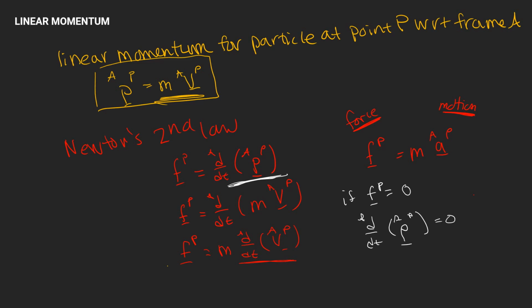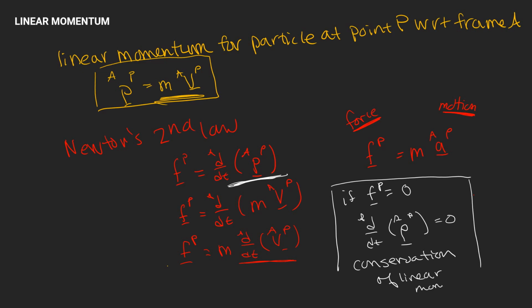If you don't have external forces, linear momentum is constant. And so we say that linear momentum is a conserved quantity. This is conservation of linear momentum. All right, so now we'll move forward and actually use this equation to relate forces and motion and get our first equation of motion.